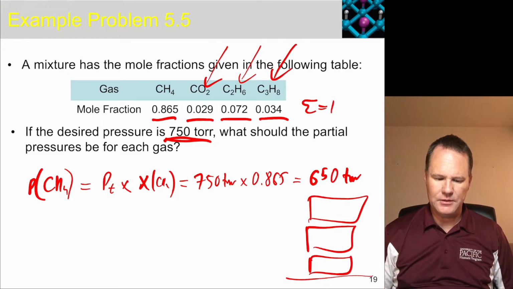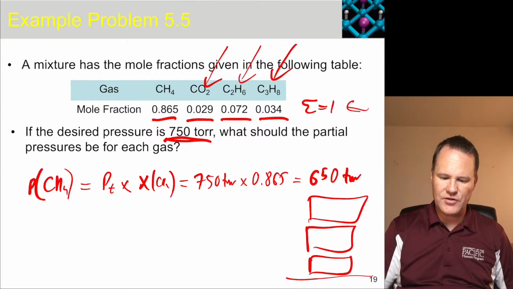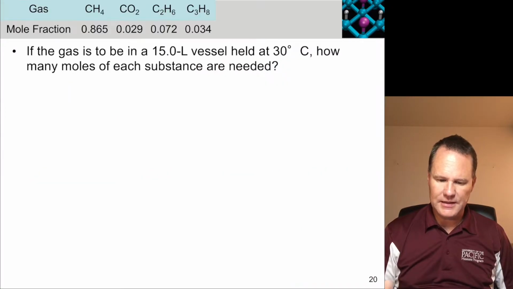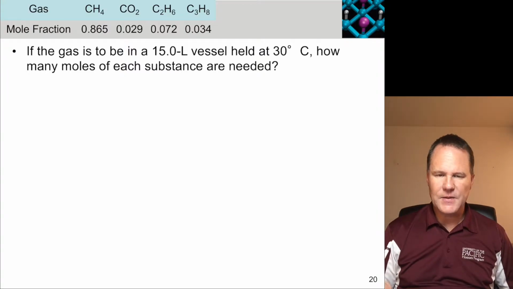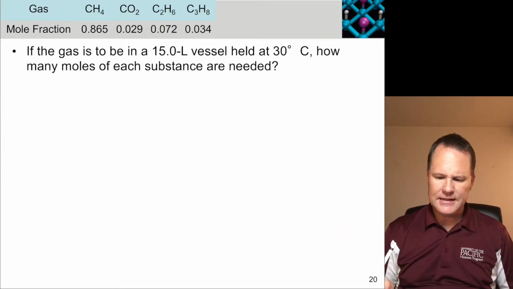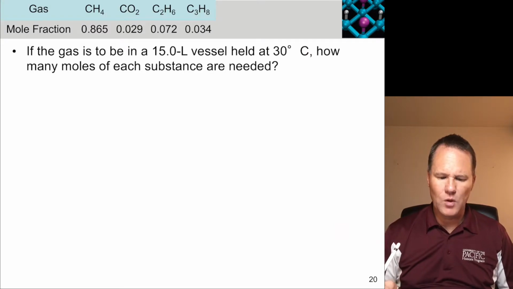They have to add up to the total pressure of 750, if of course these mole fractions do add up to 1. Okay, do they add up? At least, well, you have 2 odd and 2 even numbers, so at least it's not definitely out of question.